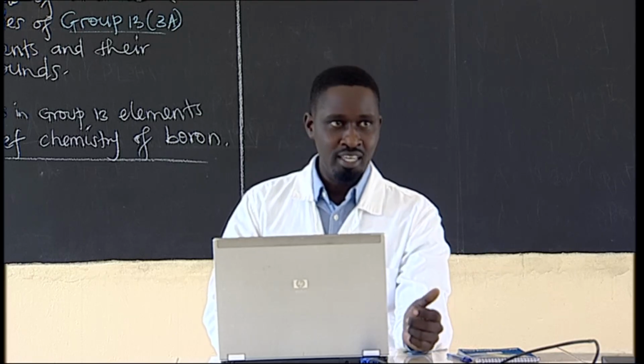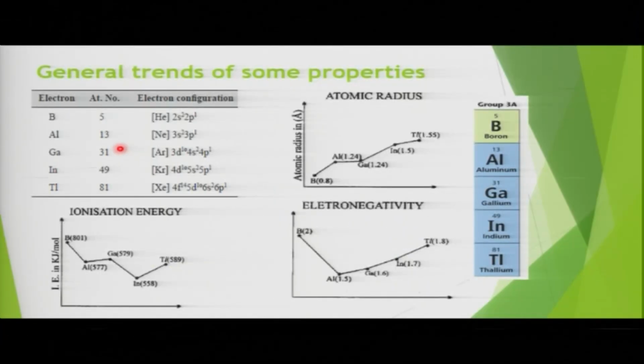If you look at the proton number, or the number of electrons, aluminium has 13, gallium has 31, indicating an addition of 18 electrons. Boron has 5, aluminium has 13. We have an addition of 8 electrons.